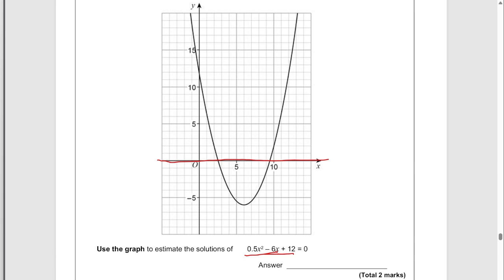And it looks pretty much like x is equal to 2.5, or x is equal to 9.5.